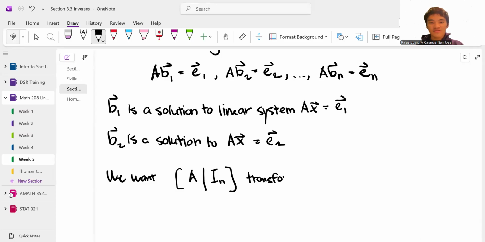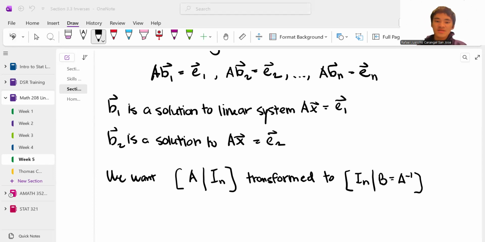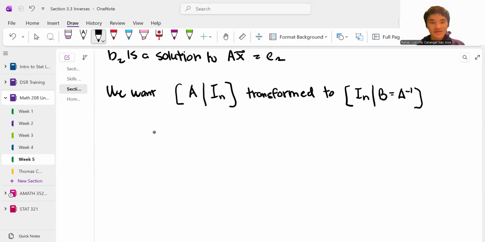We kind of already have the tools for that, to I sub n, and then this B, which is just the A inverse. Okay, so let's do an example of how this works. In theory, it looks nice. Let's see a practical example.